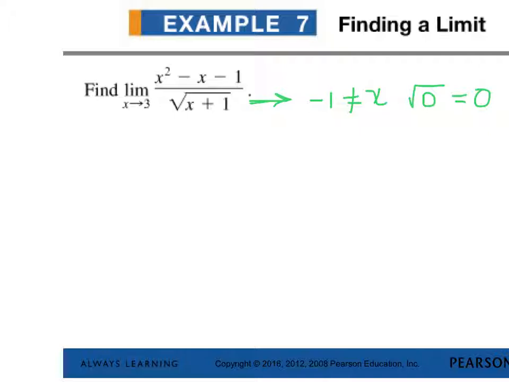We also have the issue that if x plus 1 is less than 0, in other words, if it's negative, then there's going to be a problem. So x cannot be less than 0. I'm sorry, not less than 0, less than 1.